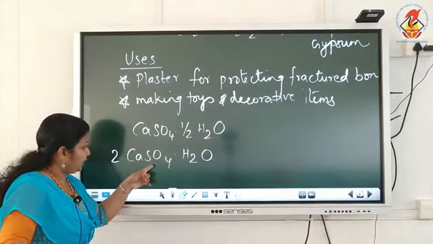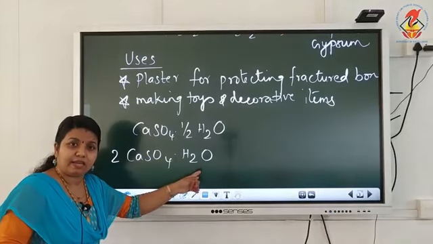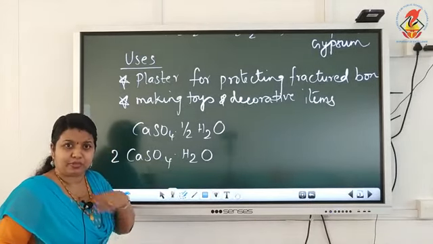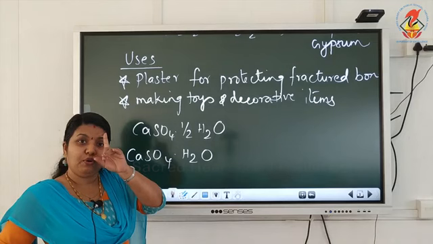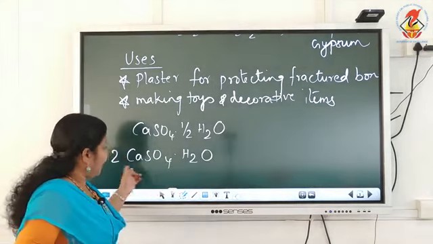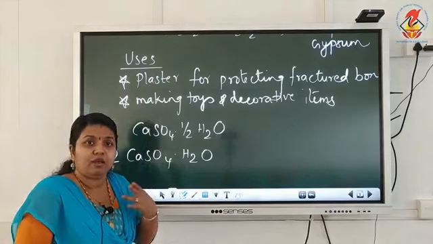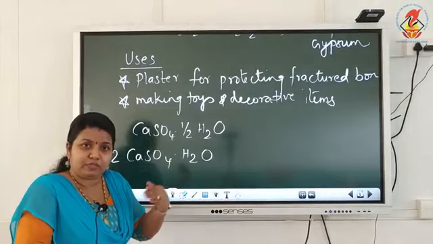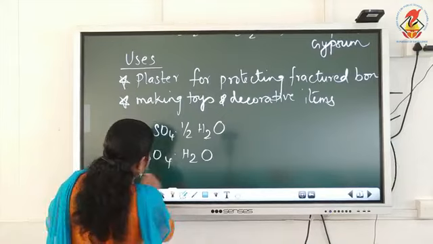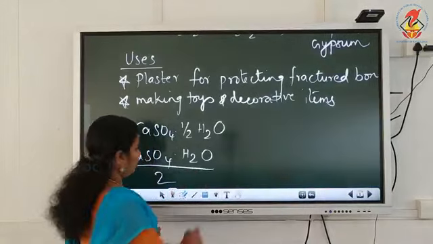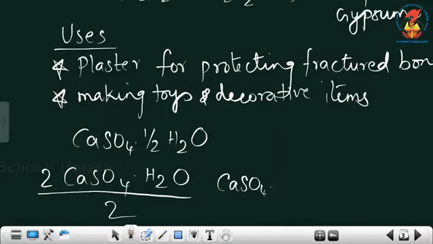So, two formula units of calcium sulfate share one molecule of water. Actually, we write water of crystallization for one formula unit, but this is the actual formula. So, we have to change it to one formula unit. So, we divide it by 2. So, we get it as CaSO4.½H2O.